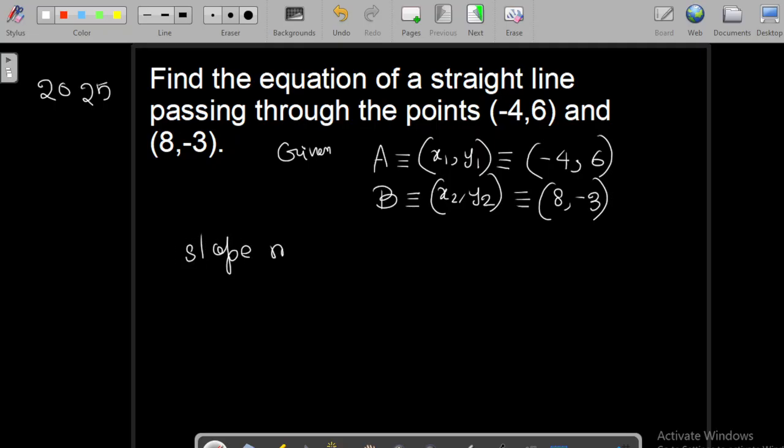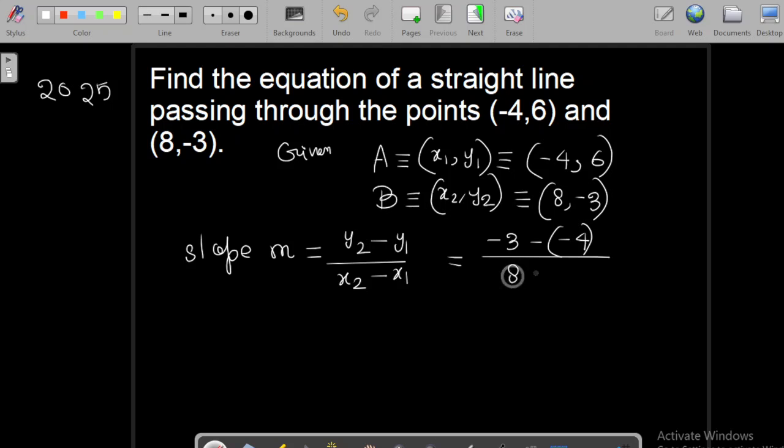Here the slope m is given by the formula y2 minus y1 whole divided by x2 minus x1. Here y2 is -3 minus y1, whole divided by x2, which is 8 minus x1, which is -4.